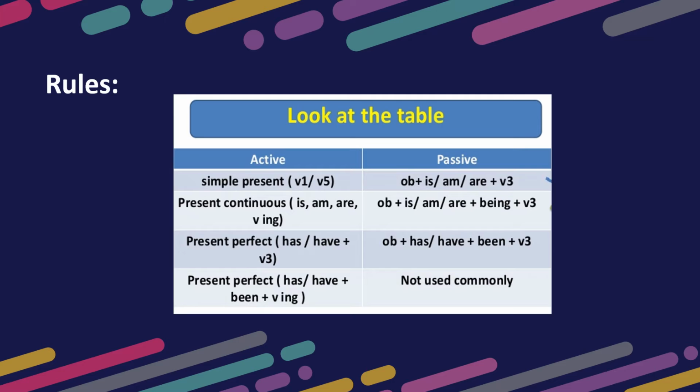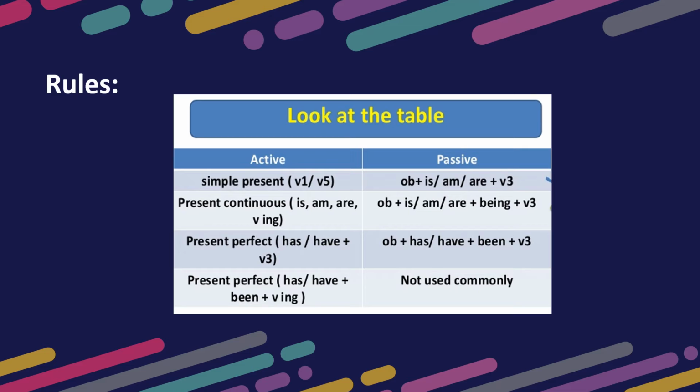Now look at the table. Simple present has the first form of the verb, but when we are changing it into passive voice, we will replace subject with object, then there is use of is, am, are and the third form of the verb. Keep it in your mind: whenever we change active into passive, there will always be use of the third form of the verb. Present continuous is subject plus is, am, are plus first form of the verb plus ing plus object.